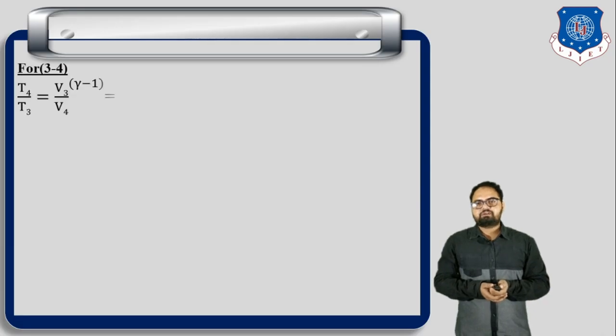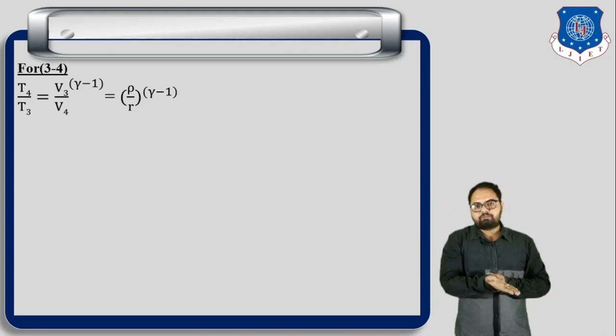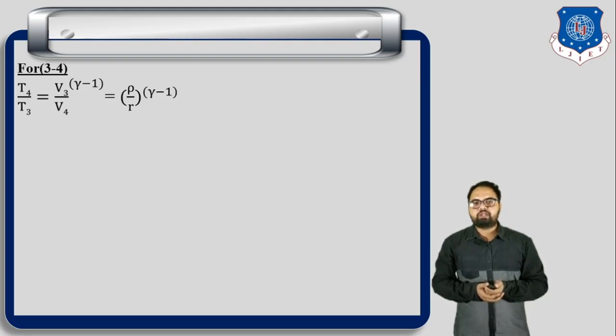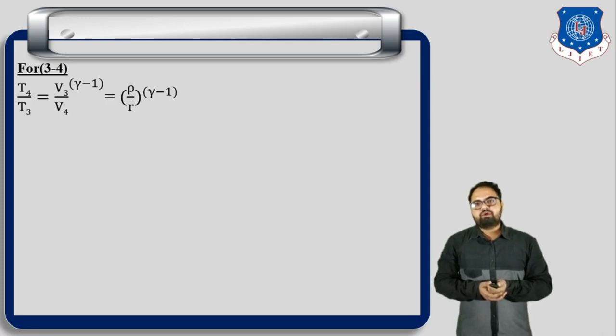Okay. Next we will consider process number 3 to 4. During this process adiabatic expansion of the air takes place. So the relation between temperature and volume during adiabatic expansion is T4 by T3 is equal to (V3 by V4) raised to gamma minus 1, and we know that V3 by V4 is equal to rho by r.